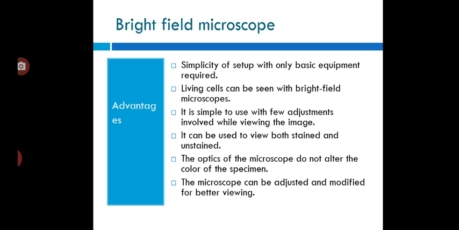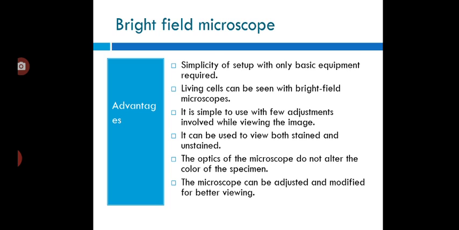It can be used to view both stained and unstained particles. That means it can not only view the stained particles under the microscope, but it can also view those particles which are not stained. The optics of the microscope do not alter the color of the specimen.